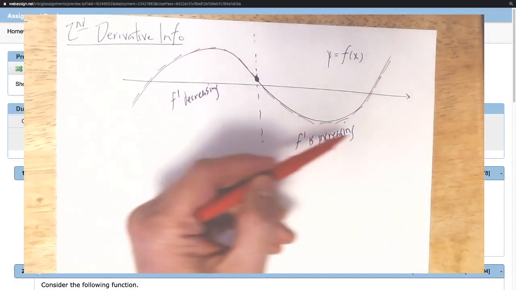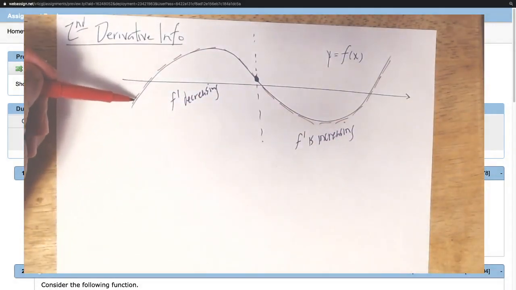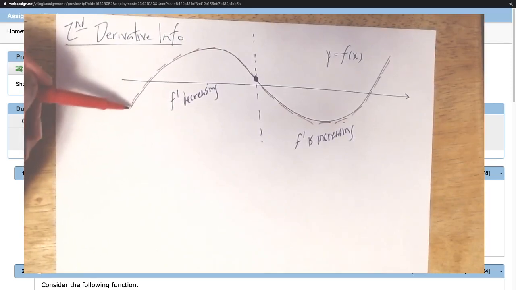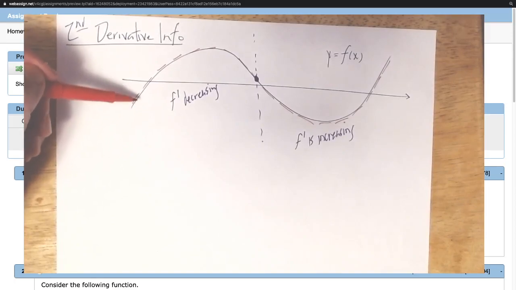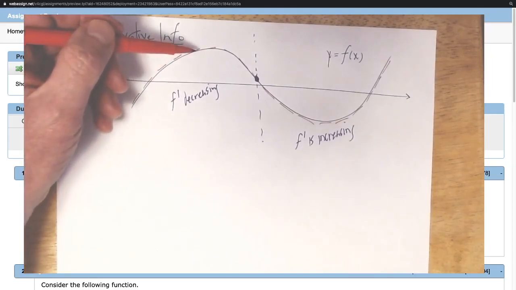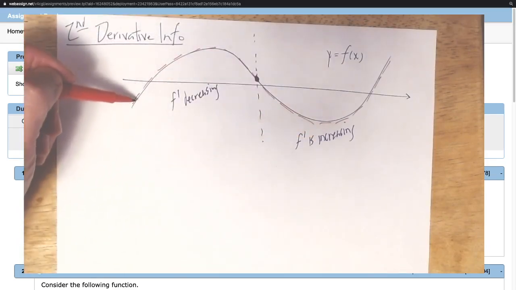So as x increases, think about it starting here at the left corner: the slope of the tangent line at this value of x, whatever that would be, is pretty large, and it's a positive slope, right? The line is rising from left to right. Now think about what happens to those slopes as x starts increasing, as you move from left to right.